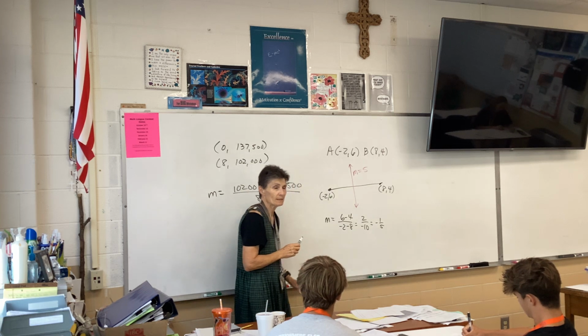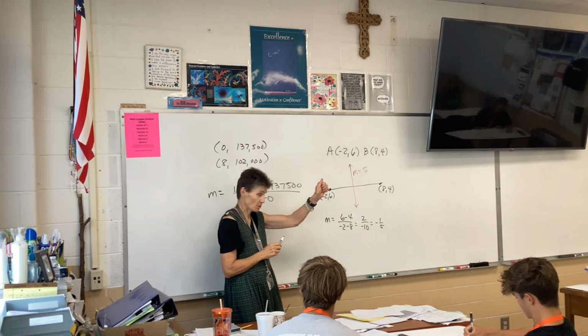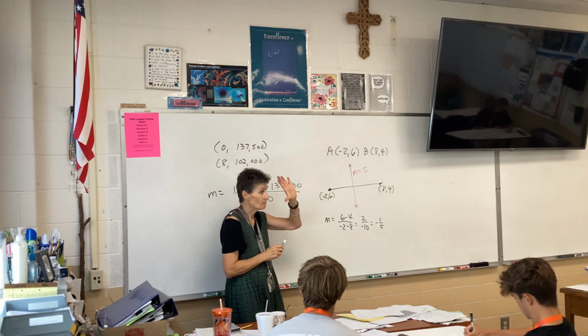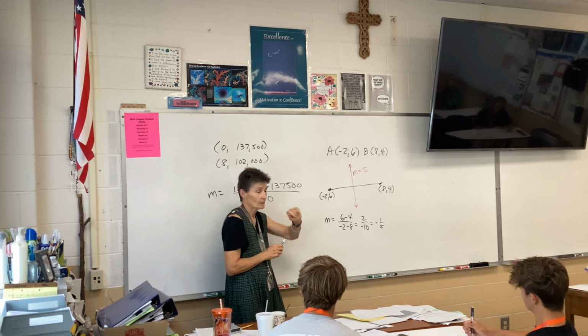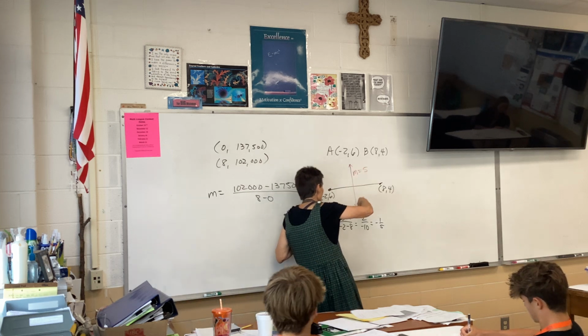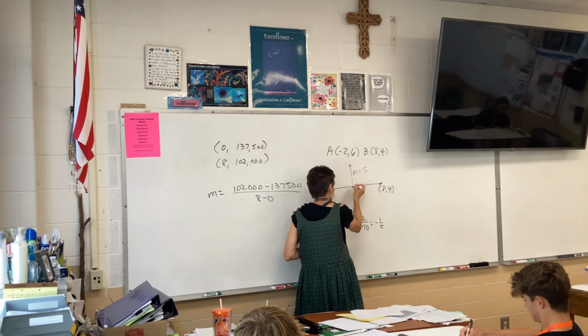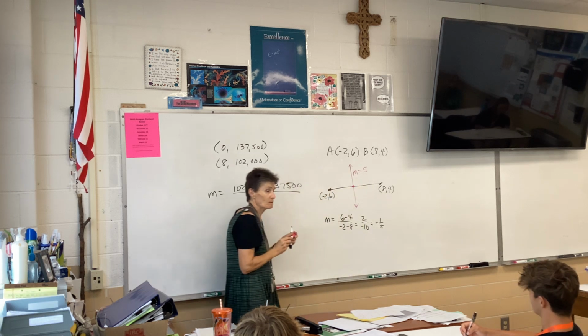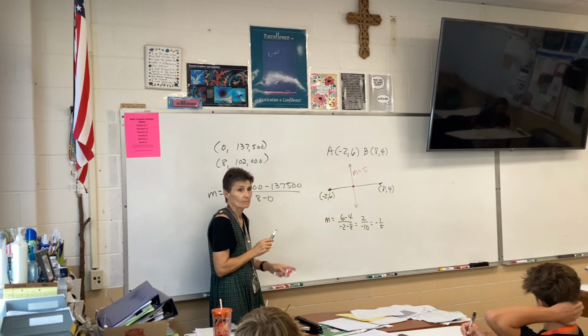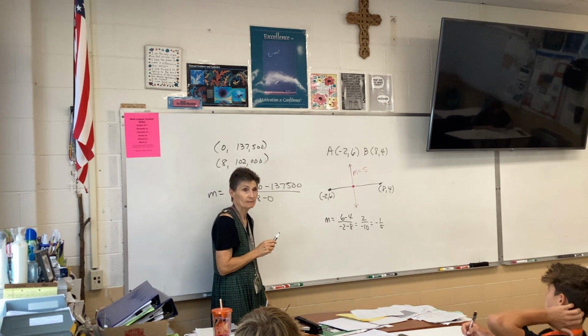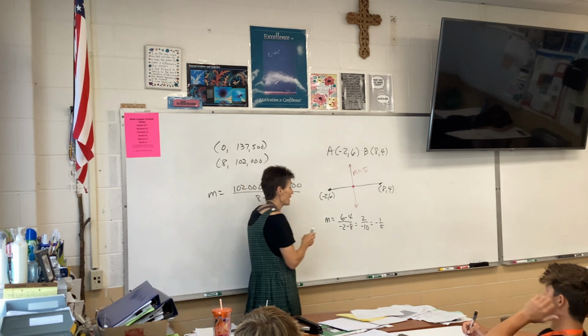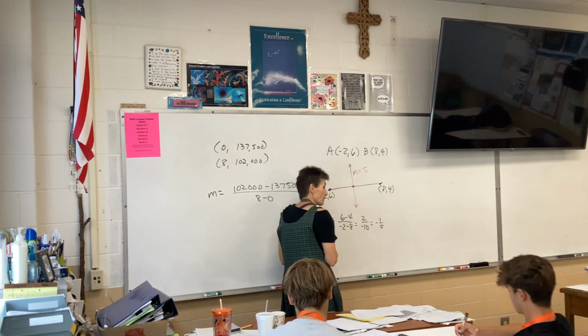Now, what else do I need if I'm going to write the equation of a line? I need the slope and I need a point. I have no idea about any points on that line except this one. What does bisect mean? Cut in half. So that is the midpoint.